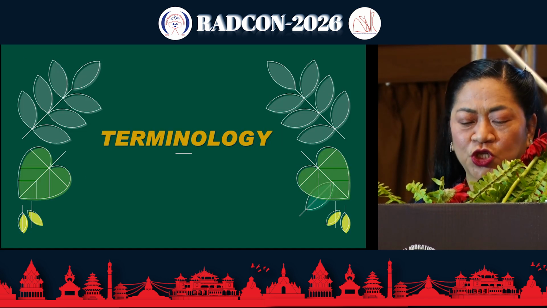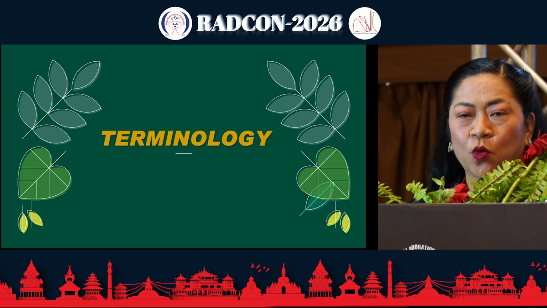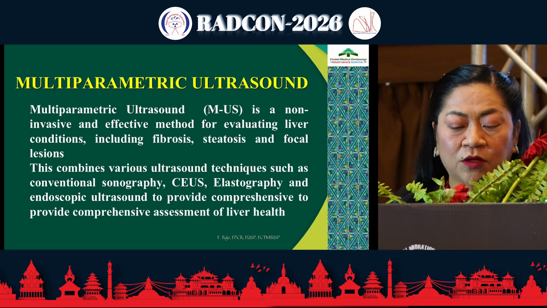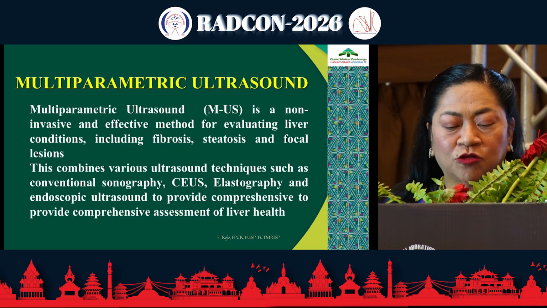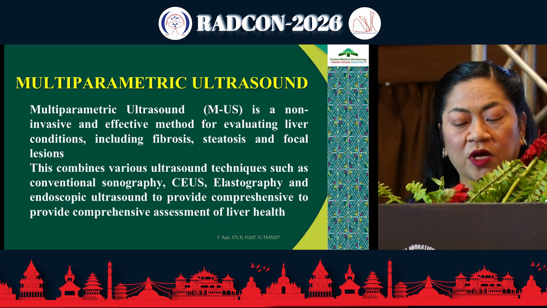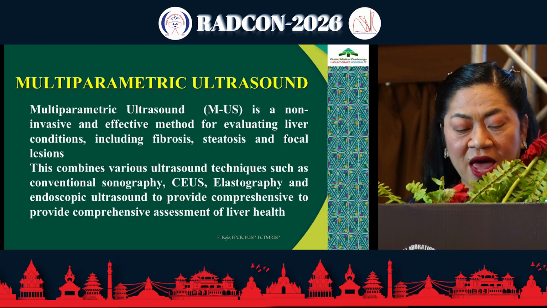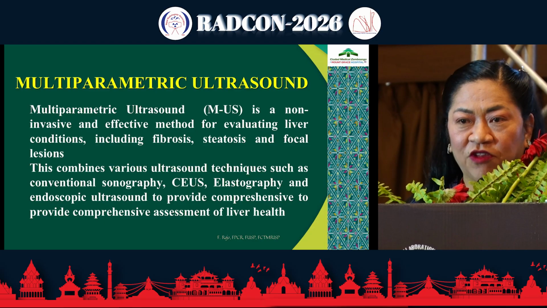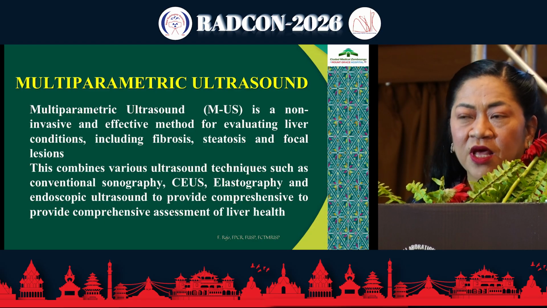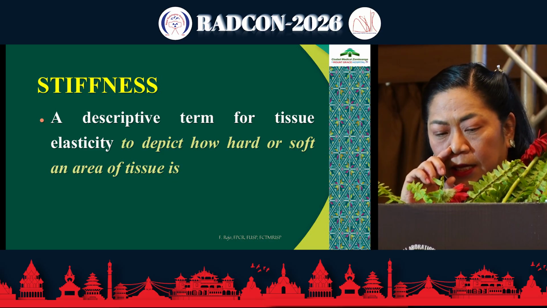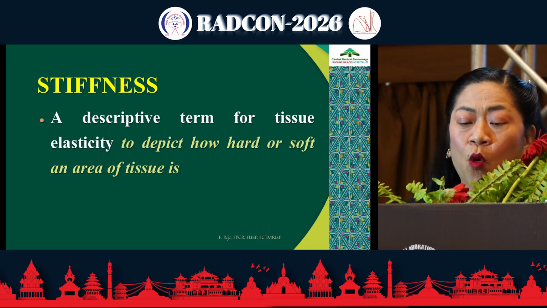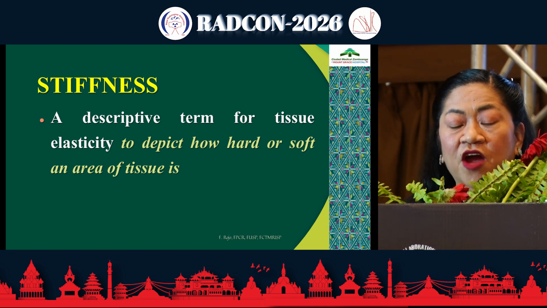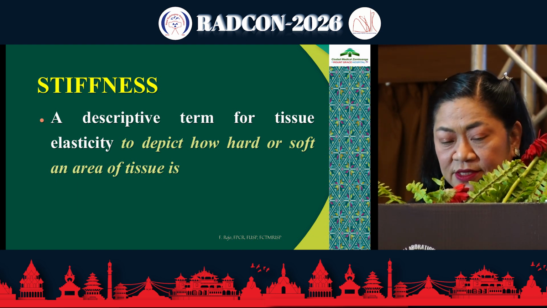So I'm going to just show you some terminologies. When we say multiparametric ultrasound, it's using conventional ultrasound, elastography, contrast-enhanced ultrasound together with endoscopic ultrasound to provide comprehensive assessment of liver health. The main word we usually need to know is stiffness, because stiffness depicts how hard or soft the area of tissue is.